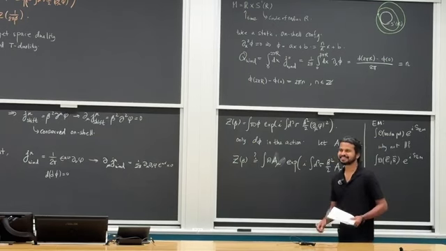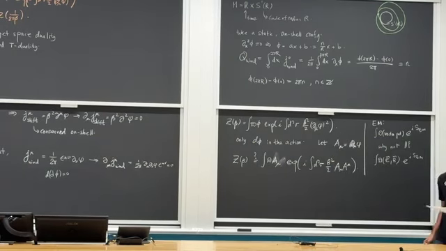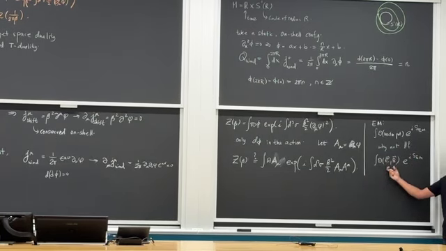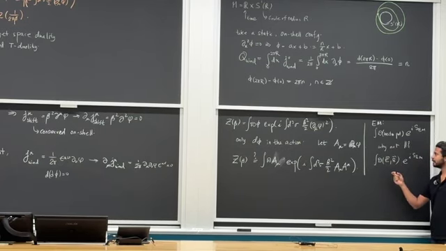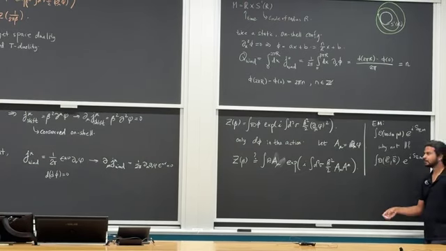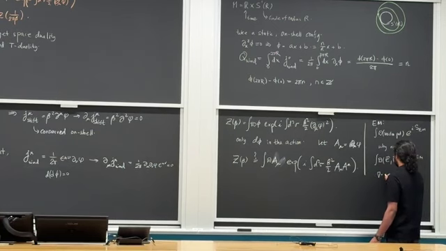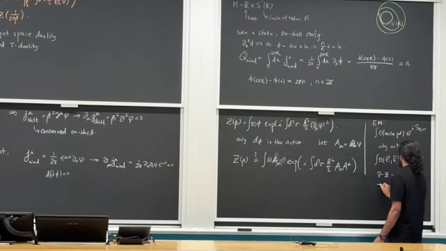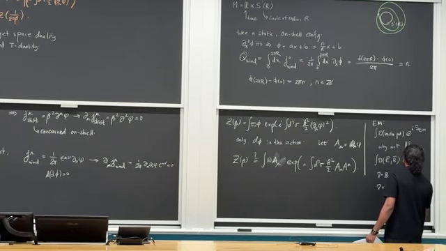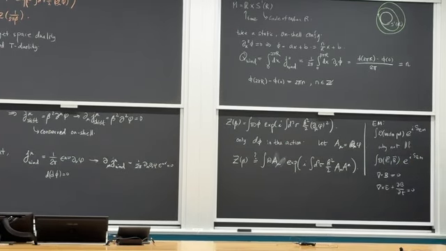The functional integration integrates over all possible functions for E and B, but not any function can be E and B. E and B must obey the following two conditions. This has to be 0, this has to be 0. These are the Bianchi identities for electromagnetism.